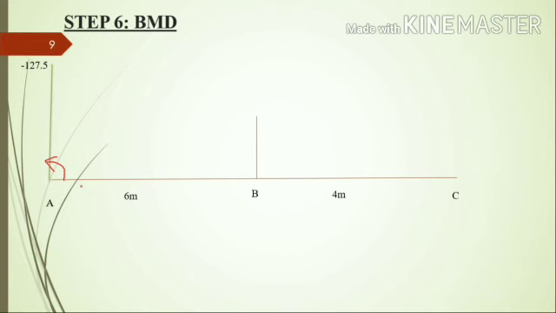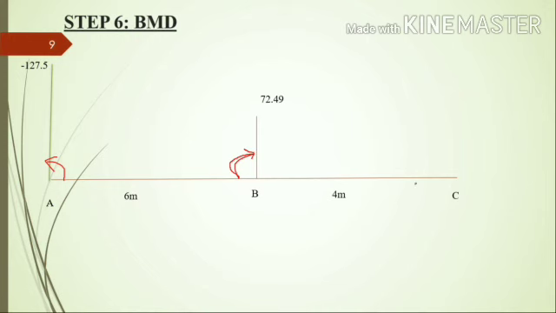Then for span B, consider joint B. MBA is equal to a positive value, 72.49, that is clockwise direction. So rotate the BA member in the clockwise direction. So also we get the value above the baseline.